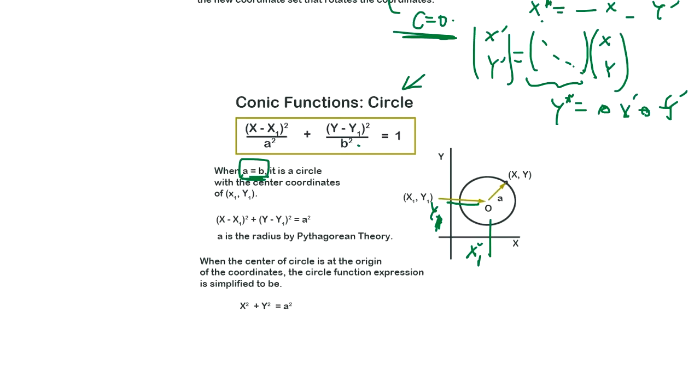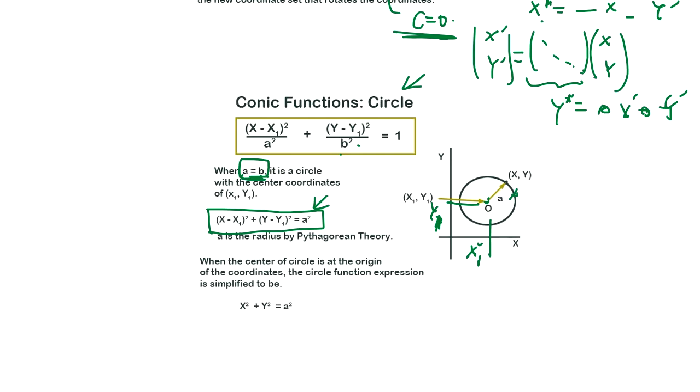Since a equals b, you multiply both sides of the equation, and this is the typical simple circle equation: x squared and y squared equal a squared, where a is the radius. You can check it out. So you can verify why the radius is a here.